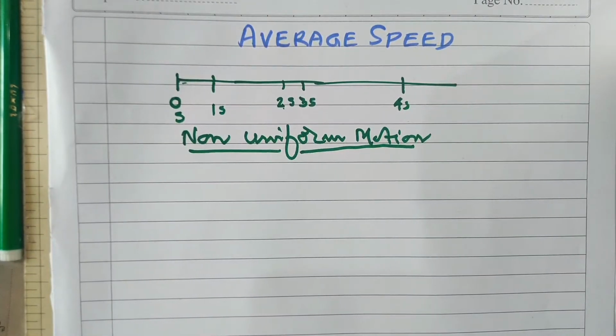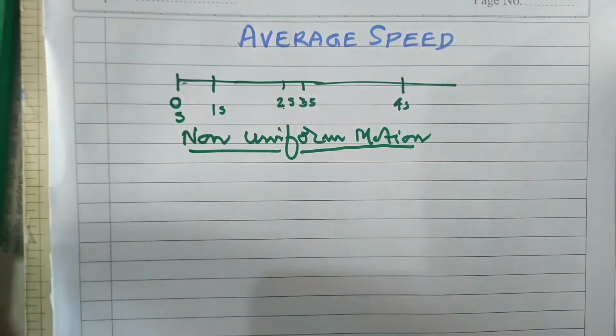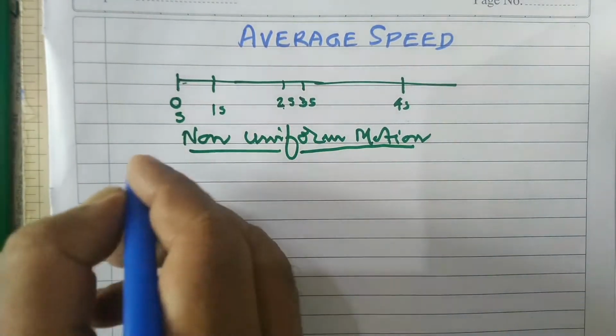In this case, as the speed is different at different times, for the total journey we define average speed and we calculate the average speed. Let us see the definition of average speed first.